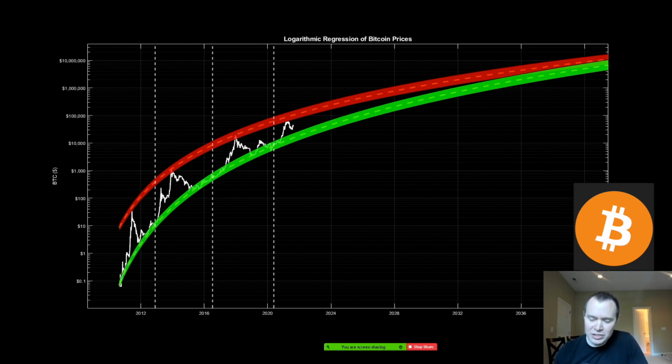There's another one as well. So this is just Bitcoin. Can I make one remark here? Yeah, go ahead. I like this chart because it shows that we basically use the same formula, but it makes a difference if you fit through the peaks or the bottoms or through all the data, which is what I do.